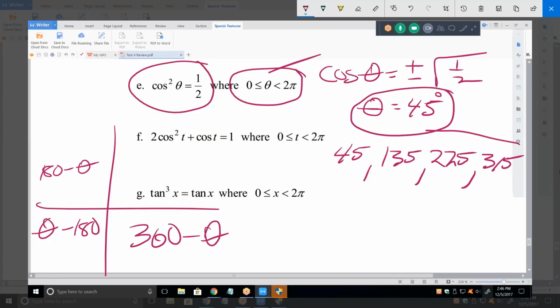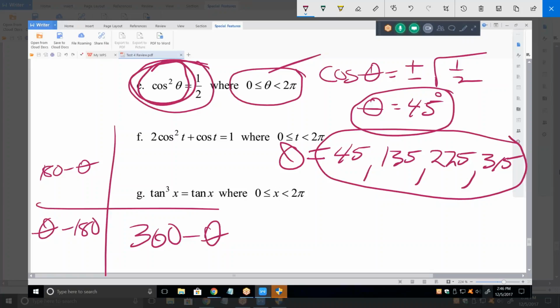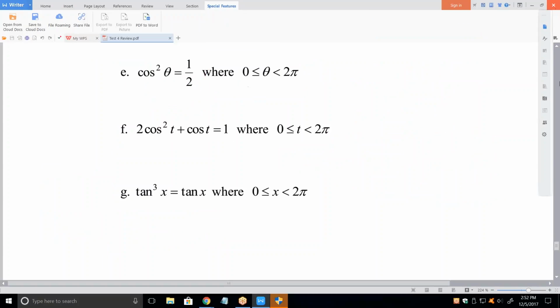So these four answers satisfy what theta is. You could put any of these four angles into this equation, and your calculator is going to give you 1/2. If you put cosine squared of 45 or cosine squared of 135, your answer will be a positive 1/2 in all cases. All we're doing is going in reverse.